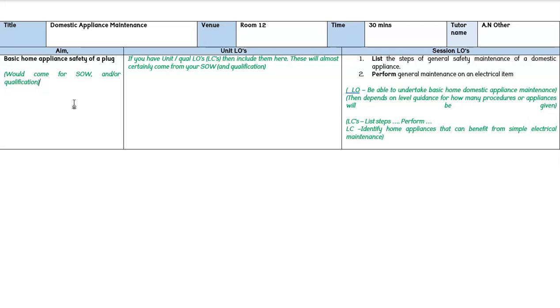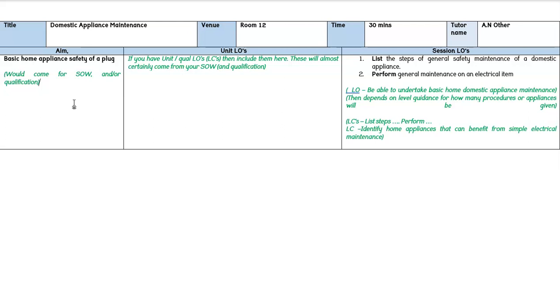And also, the session outcomes that I'm going to use: the learning objective or learning outcome, be able to undertake, or be able to demonstrate, or understand, are not what we call measurable. So whenever you get a learning outcome like that, it will always, or should always, be broken down into what we would call measurable outcomes, objectives, or criteria.